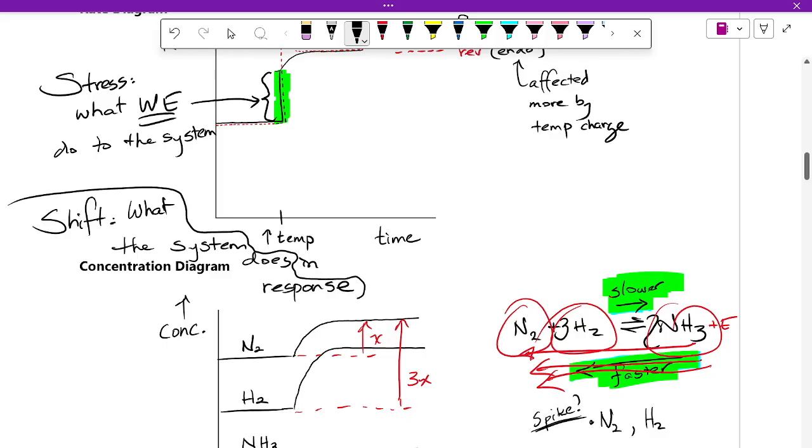I could have written that better so it didn't overlap all of this.